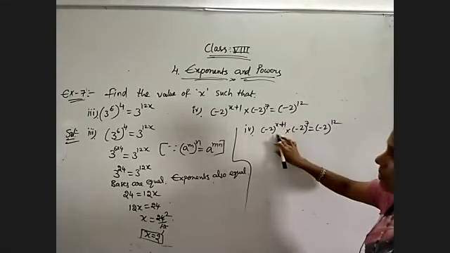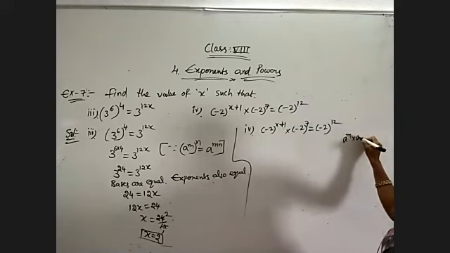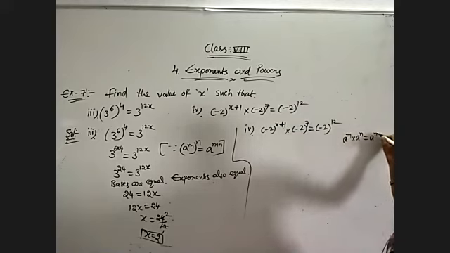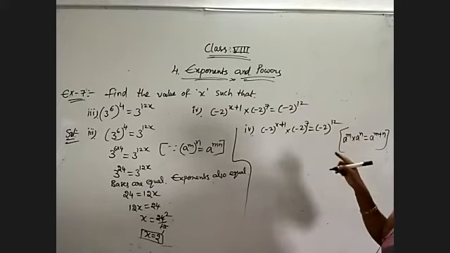By bringing this side it will become division. Otherwise, same bases are there, so add the exponents, that also we can do. That means a power m into a to the power of n is equal to a power m plus n, we can use. Otherwise a power m by a power n is equal to a to the power of m minus n. With that formula also we can simplify this question.